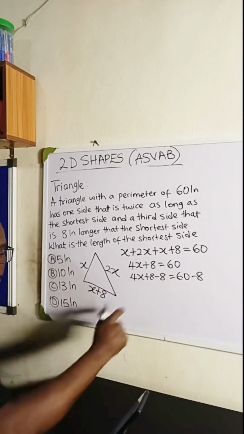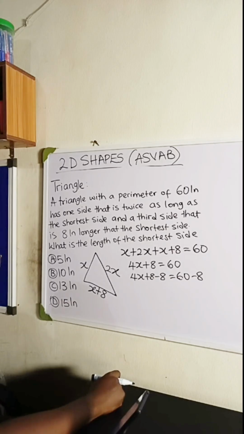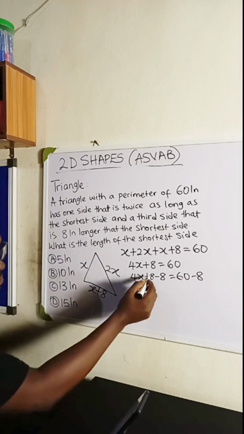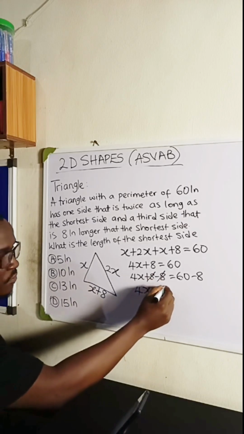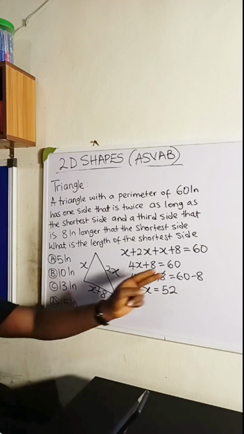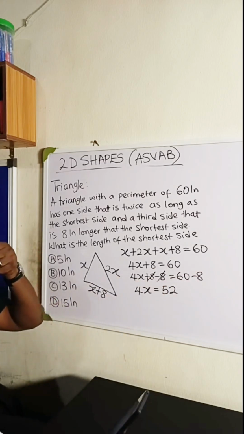This is a process that is applied in equations. You can check out my video lesson on equations. So 8 minus 8 cancels out. We have 4x is equal to 52, since 60 minus 8 gives us 52.